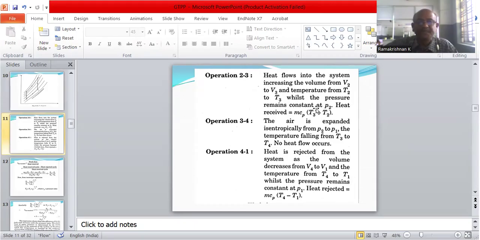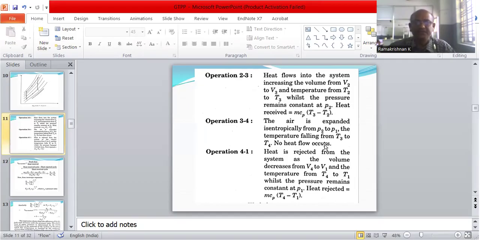Here, 2 to 3 is the heat addition in the combustor process. The volume increases from V2 to V3, and the heat received is m Cp into (T3 minus T2).